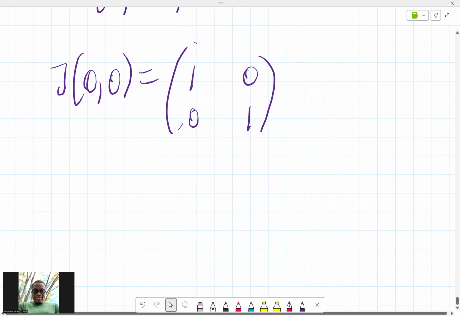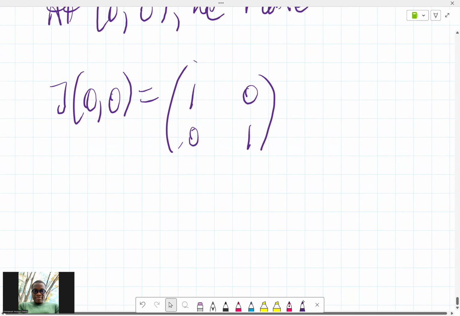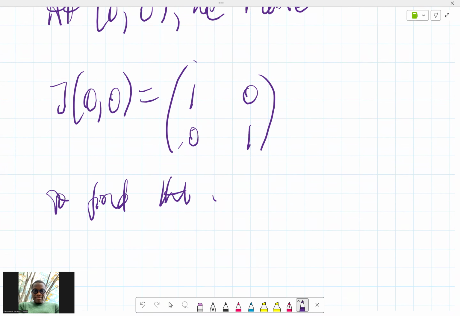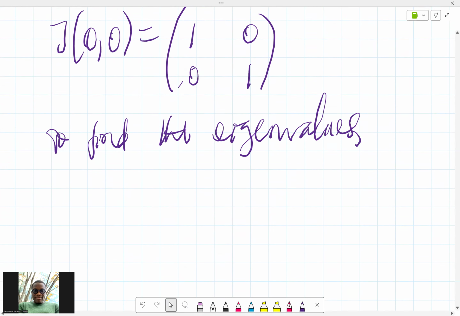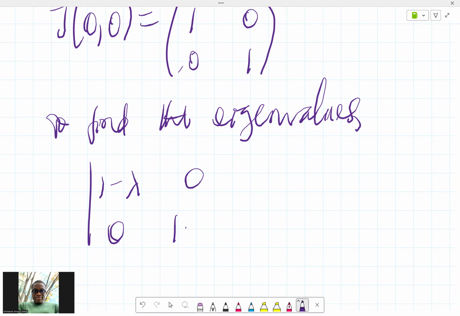So we need to find the lambdas. We say to find the eigenvalues, right? We found out a couple of times, so I'll just go straight. To find the eigenvalues, we have 1 minus lambda, 0, 0, 1 minus lambda.